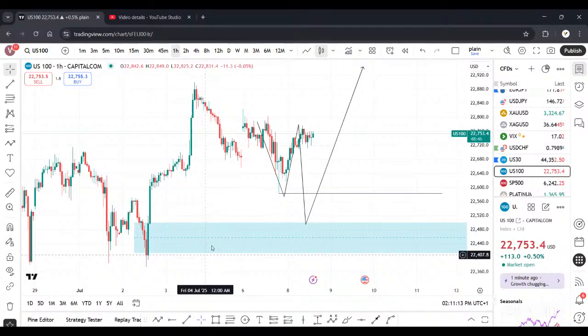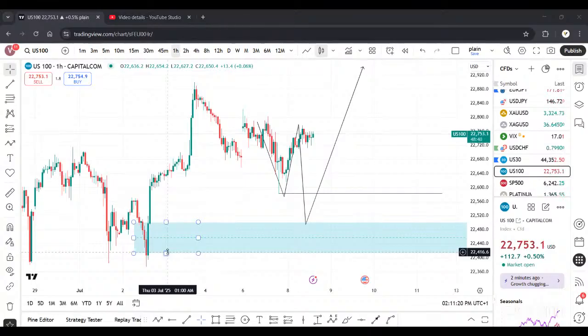I'm seeing a question in the chat box from Innocent. Please, GBP AUD, GBP CAD that we are looking at. I don't think anybody has looked at GBP AUD or GBP CAD today, either in the morning or even now, right?